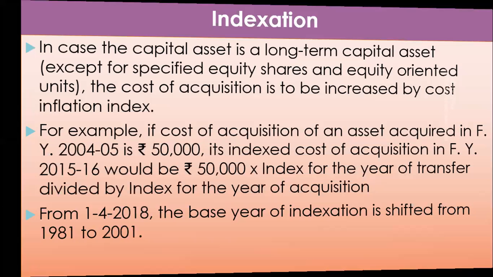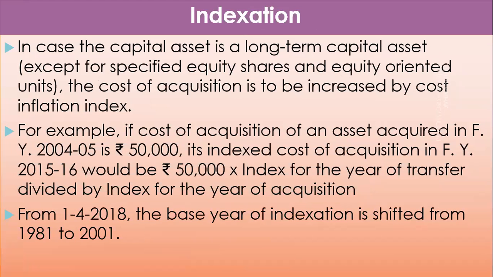This is especially for indexation. Indexation in case of a long-term capital asset, except specified equity shares and equity-oriented funds, the cost of acquisition will be entitled for cost inflation index. Any unlisted shares would be entitled for this scheme.